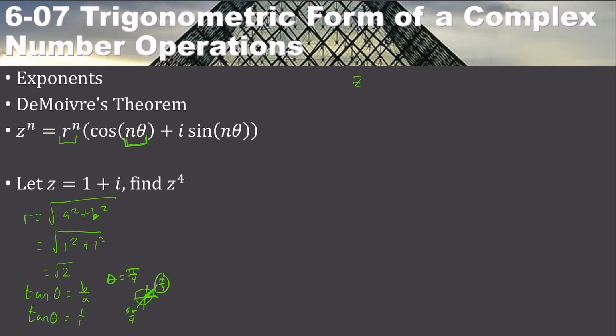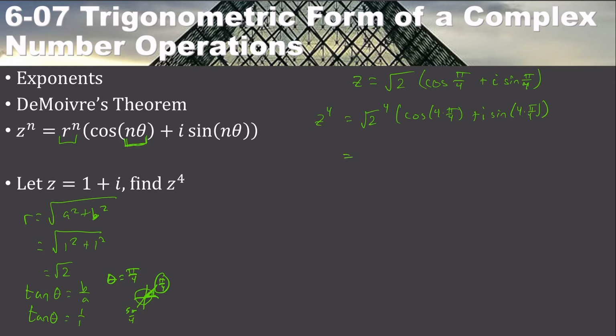So z is r cosine of the angle plus i sine of the angle. To the fourth power, it'd be square root of 2 to the fourth power, cosine of 4 times pi over 4, plus i times sine of 4 times pi over 4. Multiply the angle by the exponent.